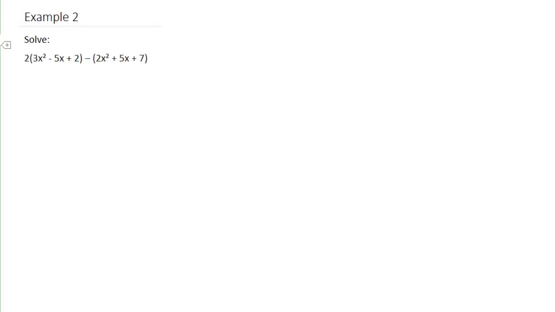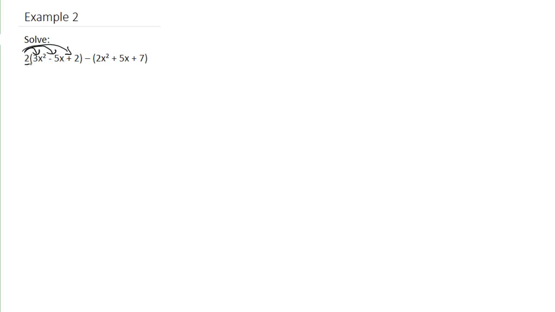Solve for the following. Here we have distributive property again on two different accounts that we're going to have to do. So let's first do the first one. So we're going to multiply this 2 times this 3x squared, then times this negative 5x, and then we're going to go times 2.